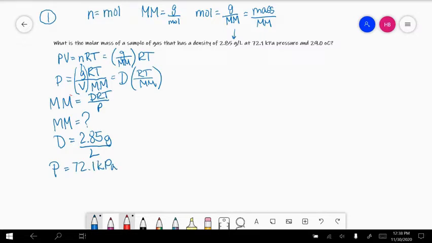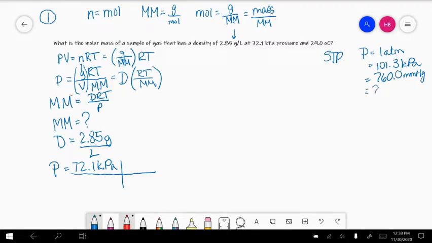Remember, in order to use the ideal gas law, my pressure has to be in atmospheres. Standard pressure is 1 atmosphere, which is equal to 101.3 kilopascals, which is 760 millimeters of mercury, which is the same as torr.